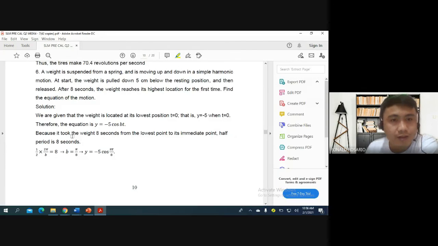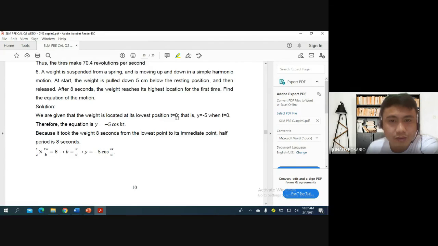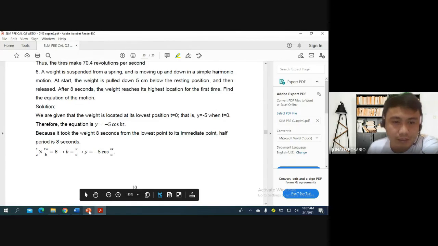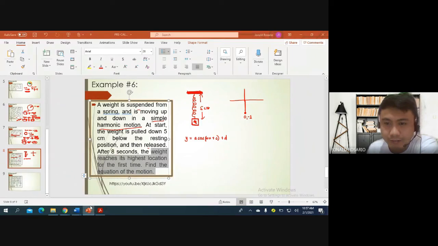We are given that the weight is located at its lowest position when time is 0. So kapag ang time ay 0, ang lowest position natin ay nasa -5. Okay, balikan natin yung slide natin. Medyo bumabagal ang aking laptop.